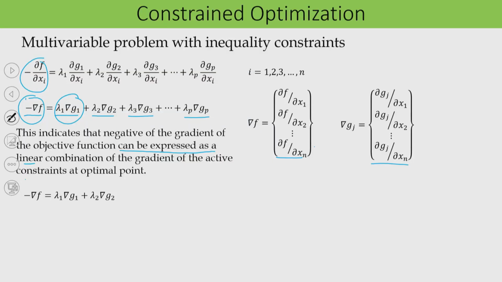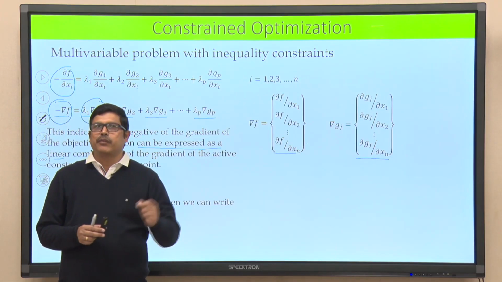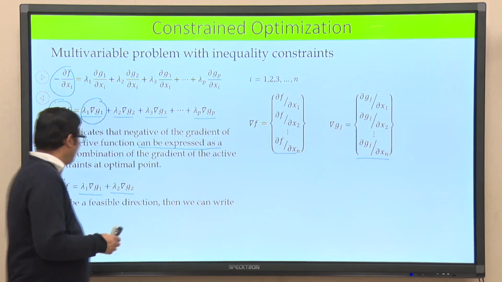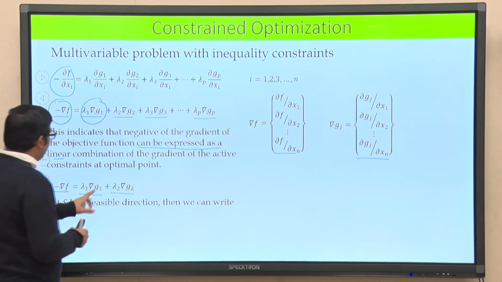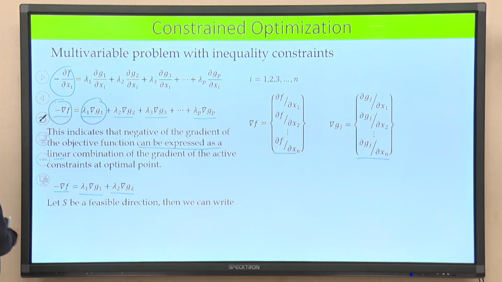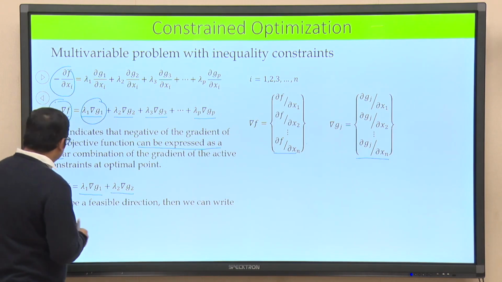Then minus del f is equal to lambda 1 del g 1 plus lambda 2 del g 2. Suppose this is at the optimal solution, at the optimal point.